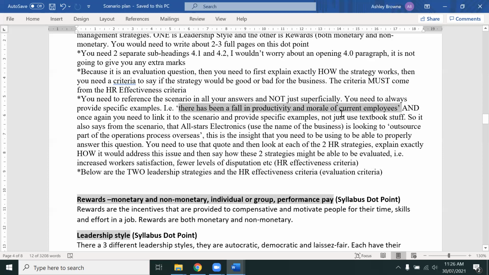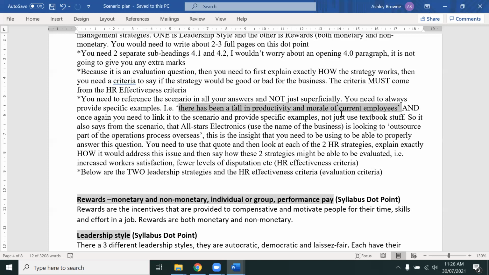All right. So let's think quickly. How could leadership style improve morale? You're going to talk about how if you use democratic leadership style, don't worry about laissez-faire, do democratic only, and say how that gives the employees a chance to be part of the decision-making process, or the ultimate decisions with the boss. And as a result, they feel like they're empowered. But I don't want you to just say that. You need specific examples. So what's an example of democratic leadership style?